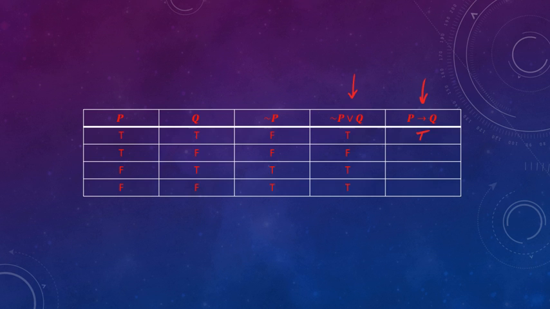True implying a false gives you a false. False implying a true gives you a true. And false implying a false gives you a true. So we see the two columns are identically the same. All truth values match up. Therefore, that's what tells us that, oh yeah, these things are logical equivalents of each other.